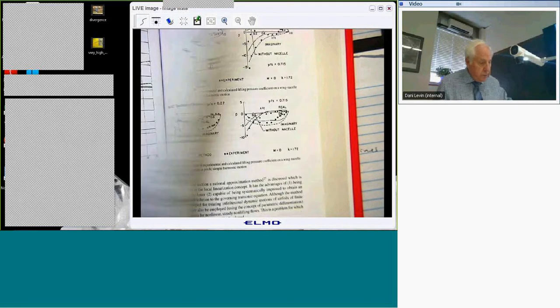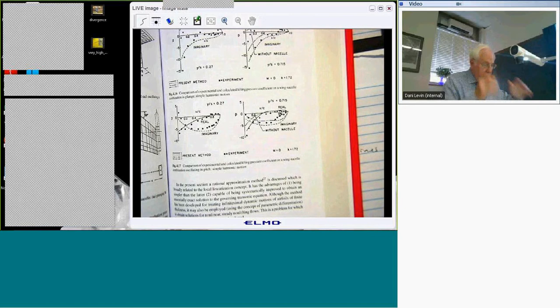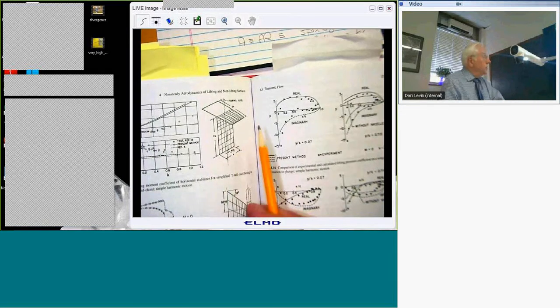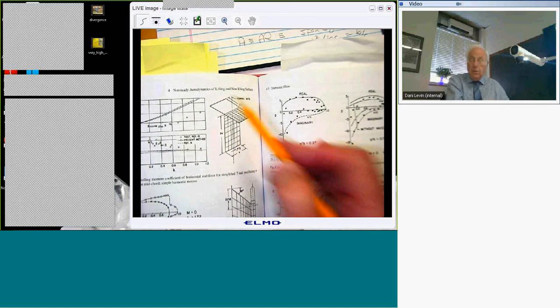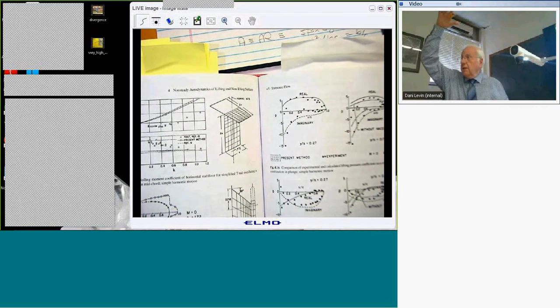And then there are other results that are available in the literature. I won't dwell on these in detail. But these codes can do a T-tail. This is a vertical tail, and this is a horizontal tail at the top. It turns out T-tails are relatively prone to flutter. At least that's the folklore.